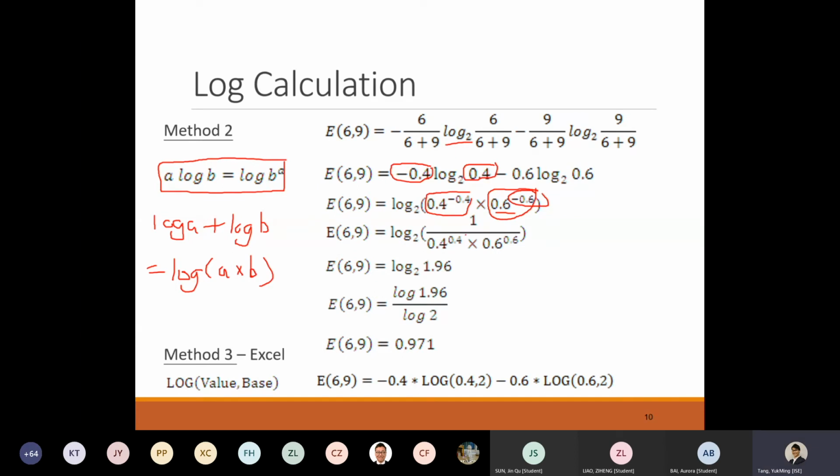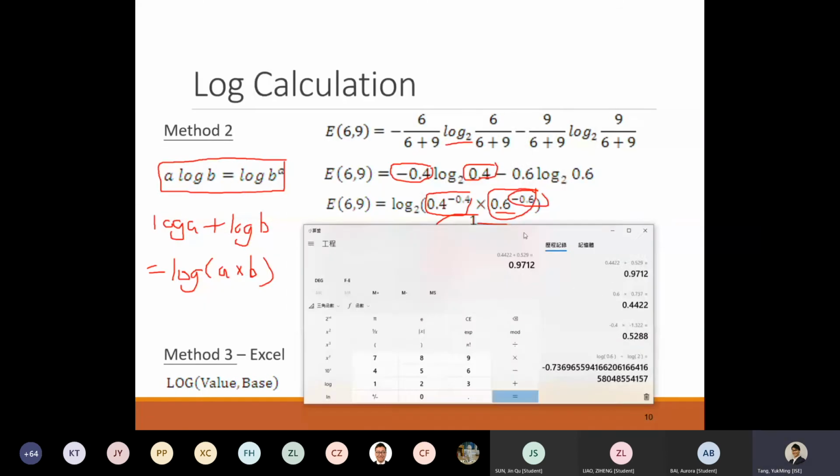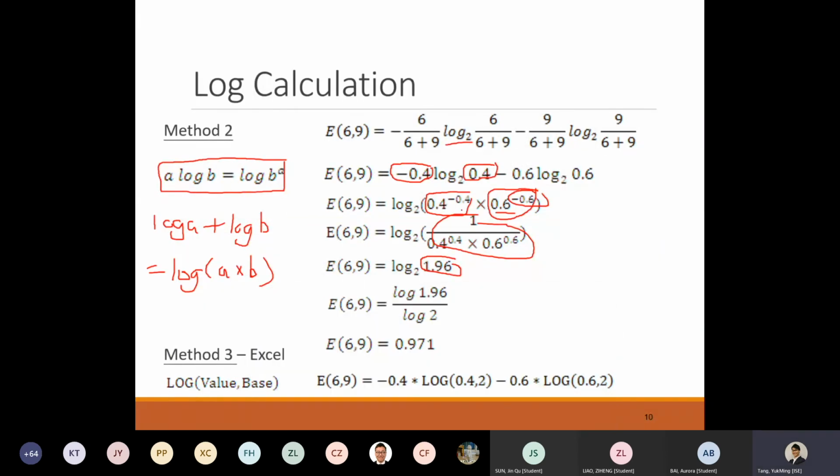Okay, and then we calculate the answer for this one. Now we're using the calculator. 0.4 to the power minus 0.4 is equal to 1 over 0.4 to the power 0.4, and then times 1 over 0.6 to the power 0.6.